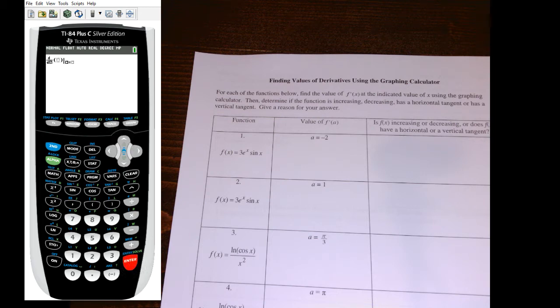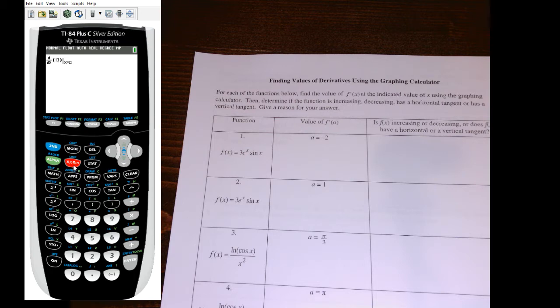The choice is yours. Okay, so now your calculator has put this d over d. It's asking what you want to take the derivative with respect to. So we're going to type an x in there, using the variable key.